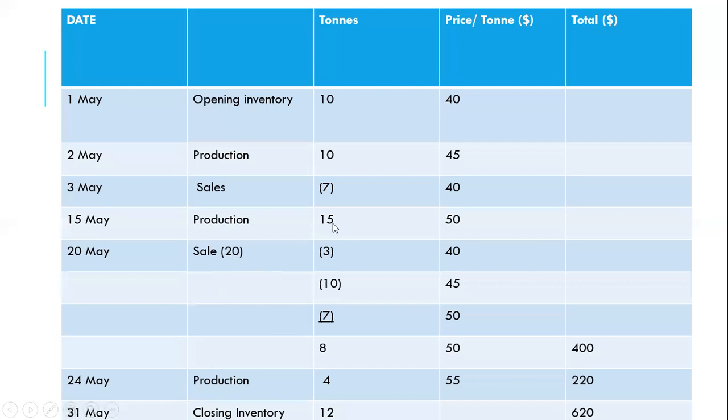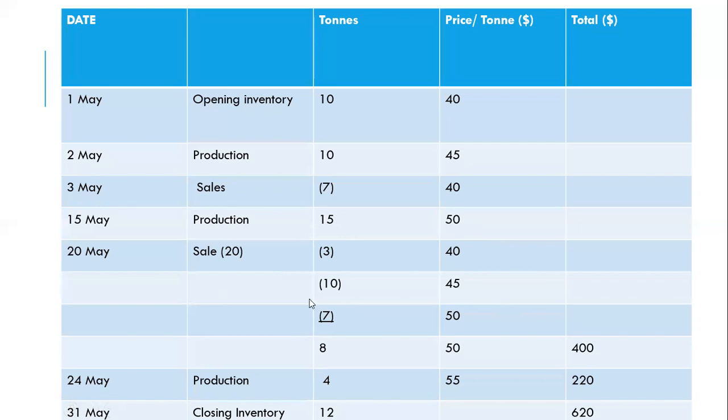So 15 minus 7 means you are going to have 8 tons left for this third batch. Those 8 tons are going to be priced at $50 per ton, because that is the batch that is actually left for us.